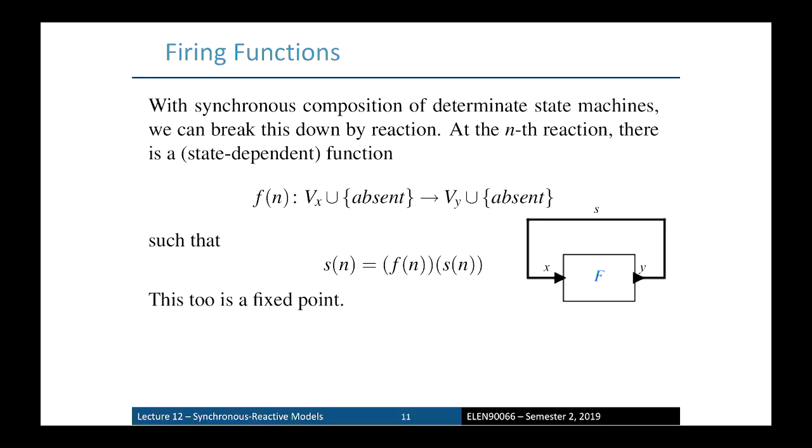At each tick, and when I say tick, I don't necessarily mean time, I mean reactions, which is inherently linked in time anyway, the signal at that nth reaction is composed of the update function at that reaction point. Think about where you might be in an FSM diagram. That's the function that's mapping where you go next, and it's mapping the current value of the signal here.